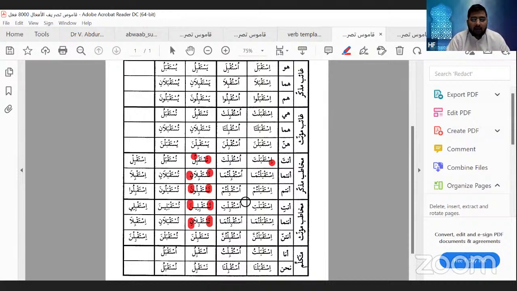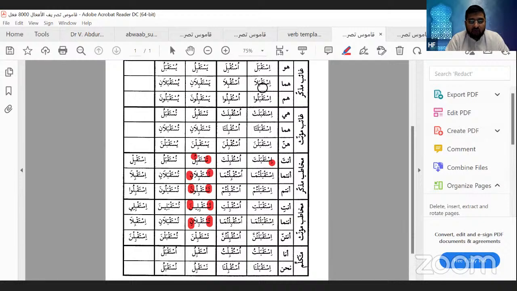Huwa istaqbala. He received someone. Huma istaqbala. Hum istaqbalu. Hiya istaqbalat. Huma istaqbalata. Hunna istaqbalna. Anta istaqbalta. Antuma istaqbaltuma. Remember from the sixth form, whatever the number of letters in the verb, this is a 5-letter verb.